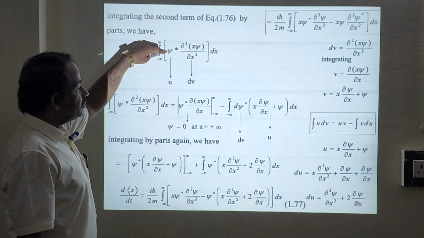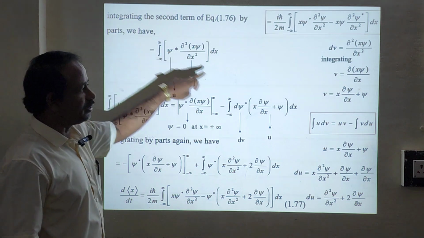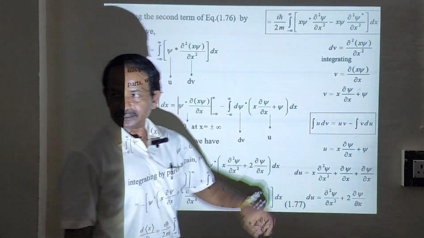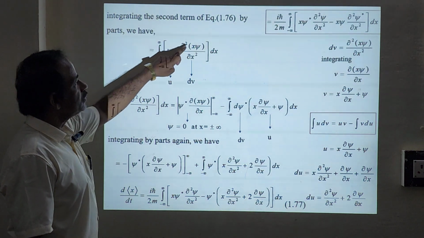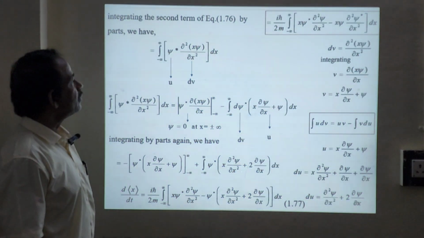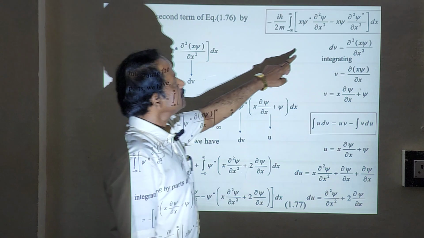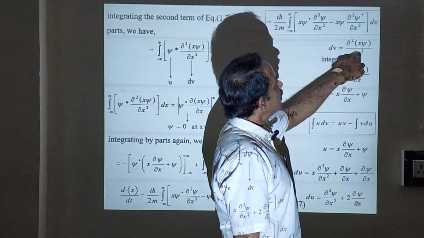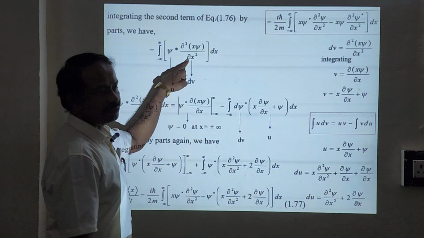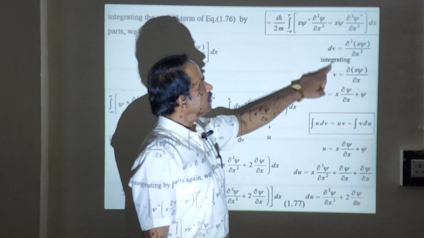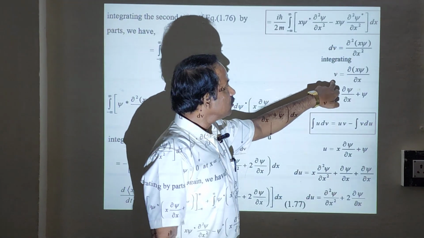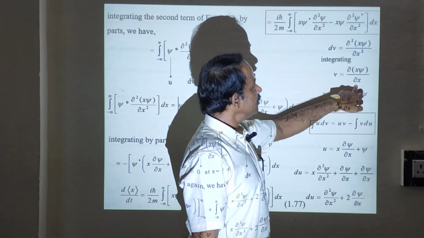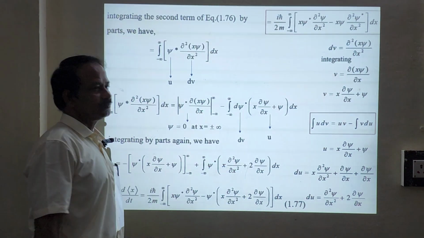Now we will term this the u dv method, and we know already integral of u dv equals uv minus integral of v du. So we will keep this term as u, this term as dv. So dv becomes partial d squared psi by dx squared. Integrating that will give you v, which is nothing but dpsi by dx. Is it clear?